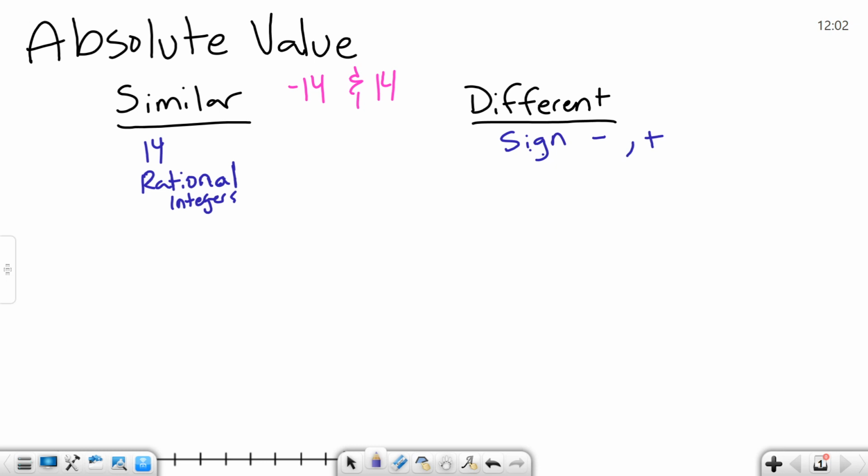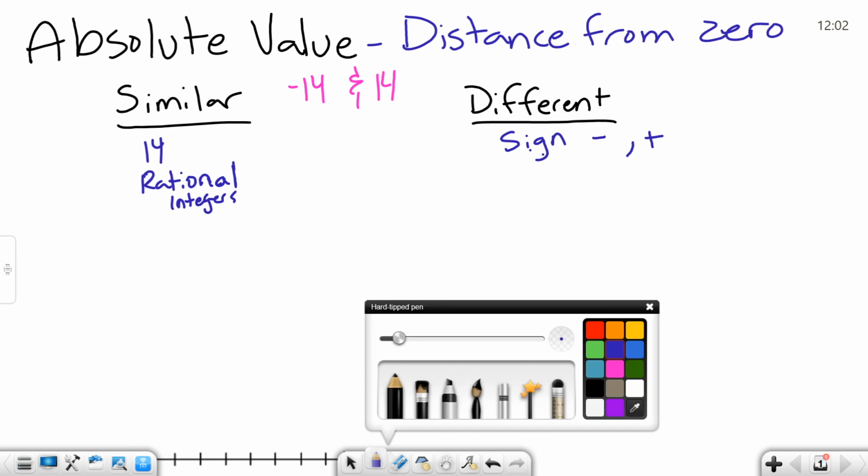Now, absolute value doesn't really care what the sign is. Absolute value is only concerned with the distance a number is from zero. And there's two other things about that.